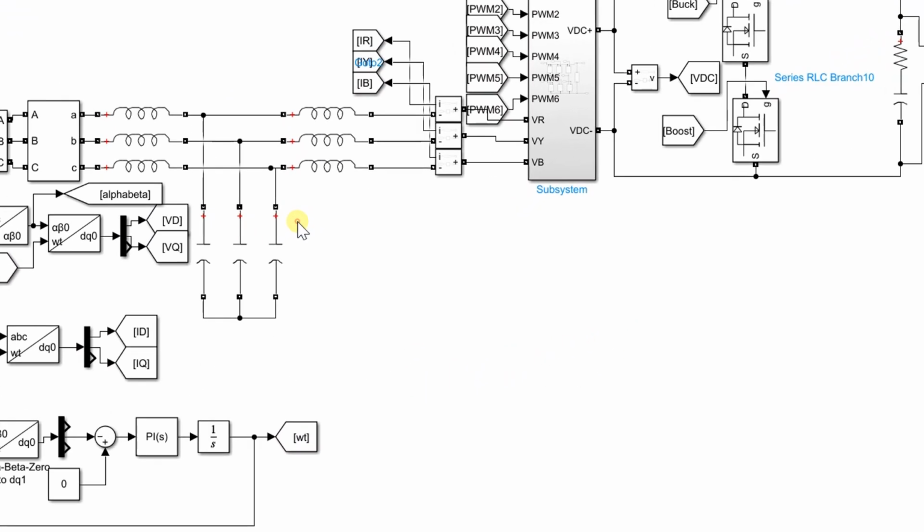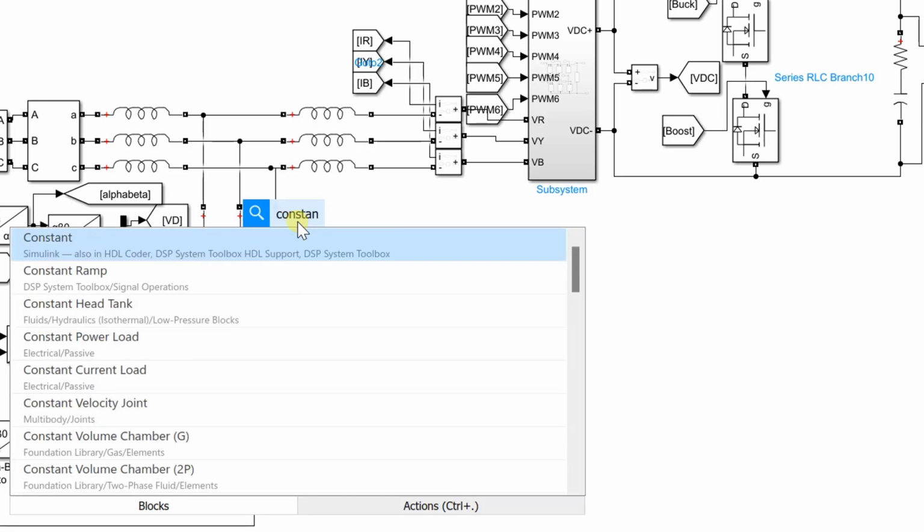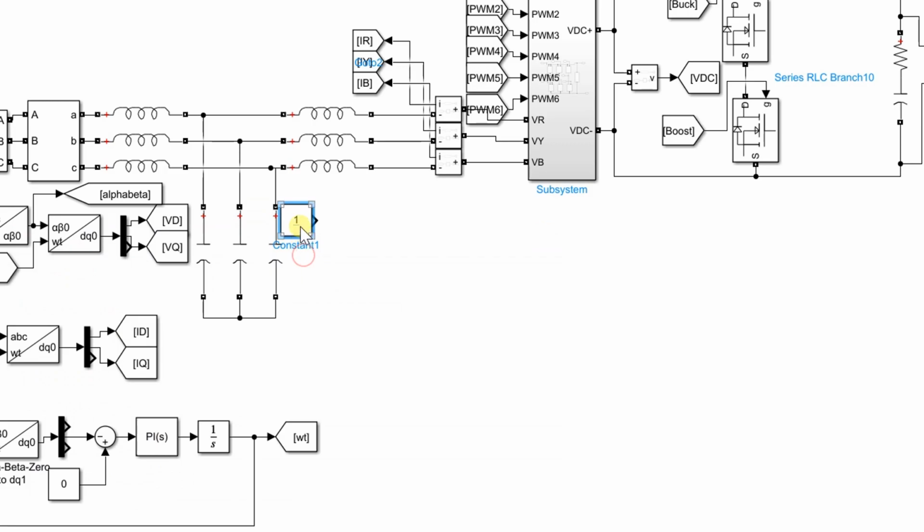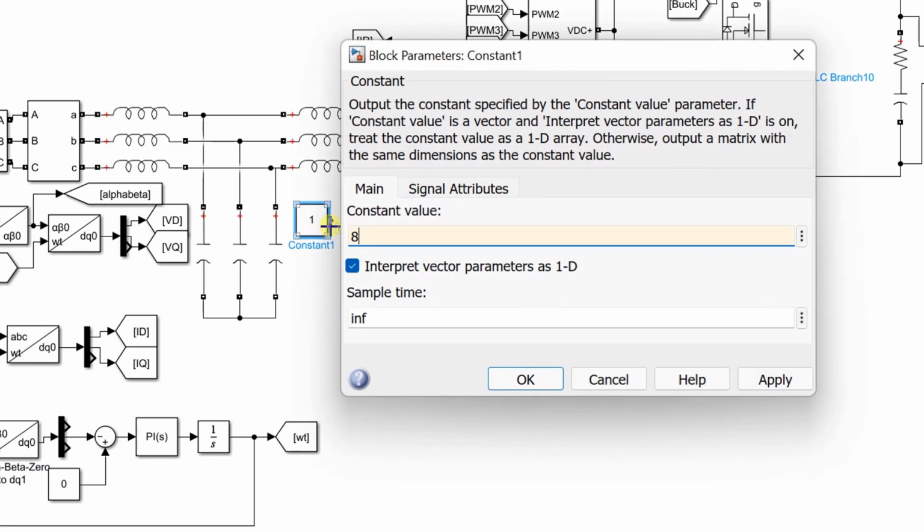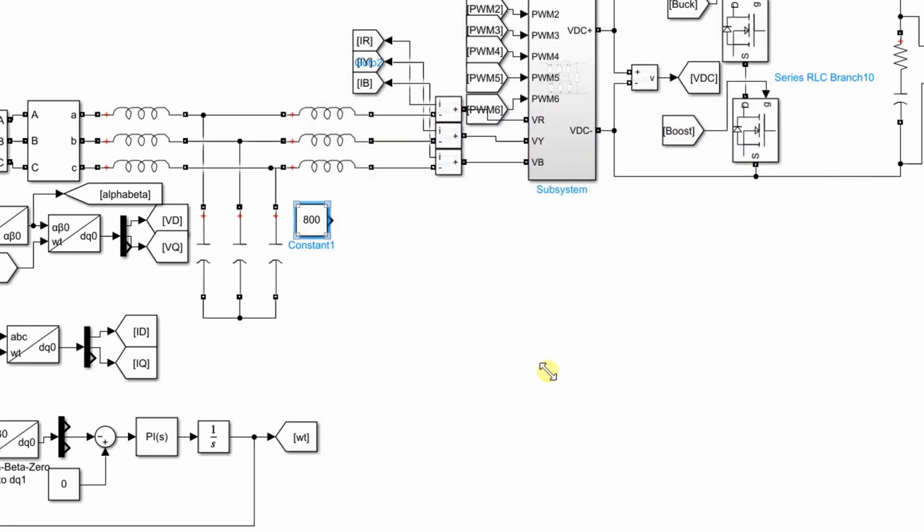Now we start connecting the DC bus voltage controller. Add a constant block. Set the reference voltage 800. Add a sum block.